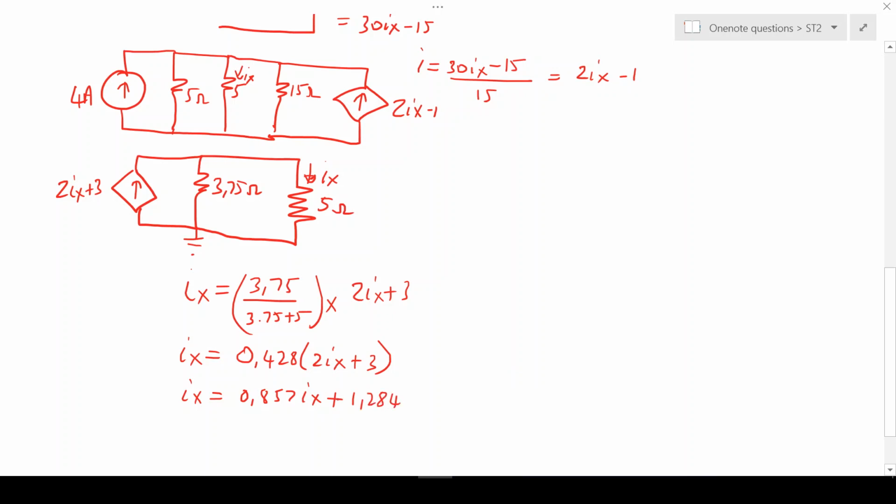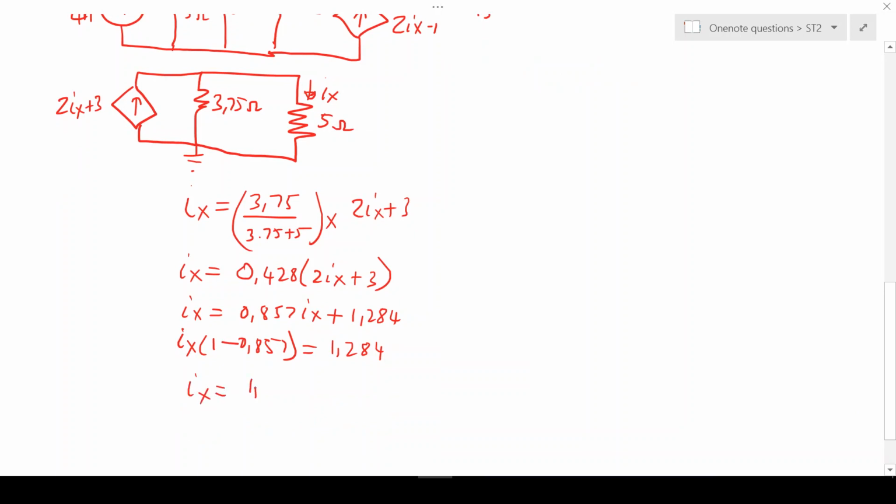Right, now I can make Ix the subject of the formula. So I can say Ix times 1 minus 0,857 is equal to 1,284.